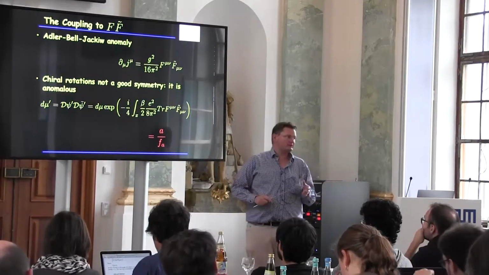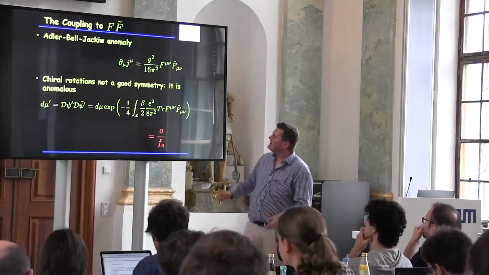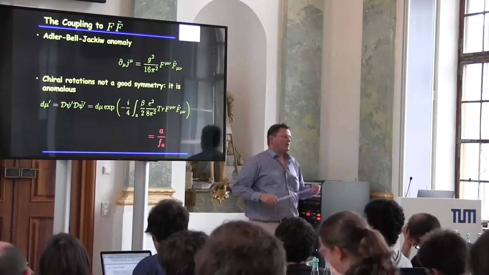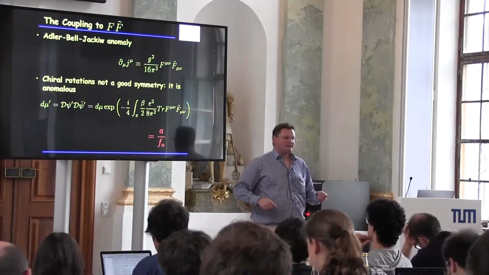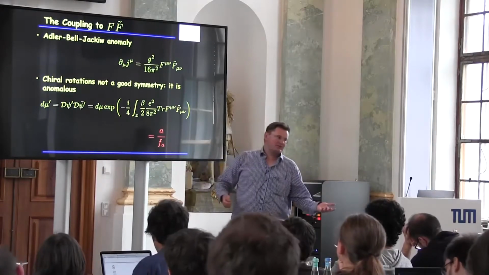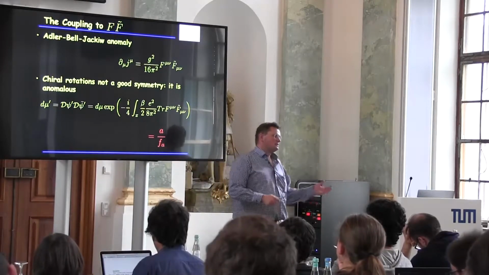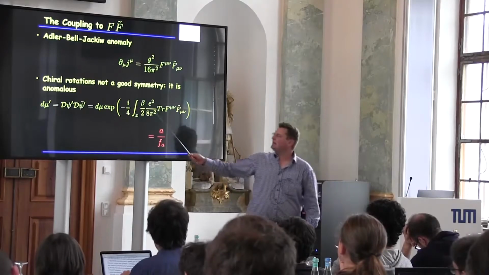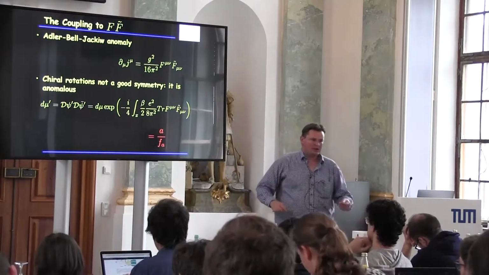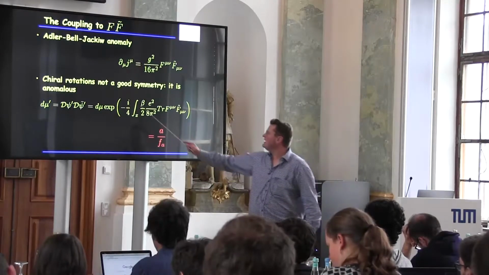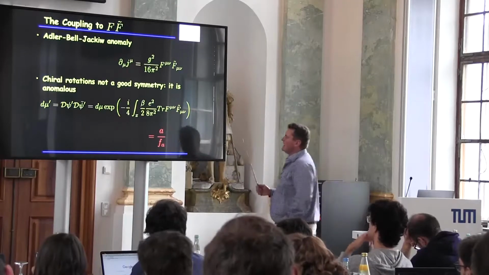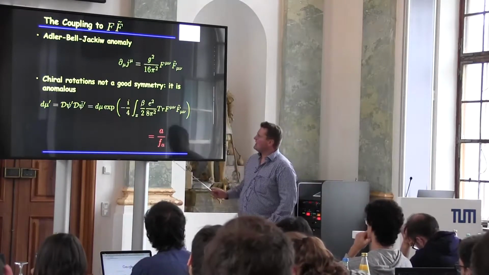At least it's a symmetry of the Lagrangian, the classical theory. You can now ask, does the path integral also transform under this symmetry? The one thing that is different in the path integral compared to the action is the measure of the path integral. So you have to look at the measure of the path integral and how it transforms under the chiral or axial rotations.